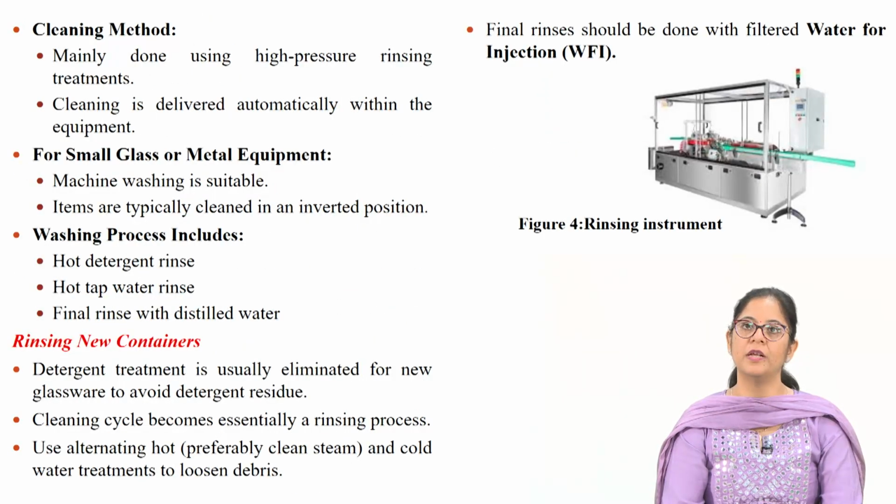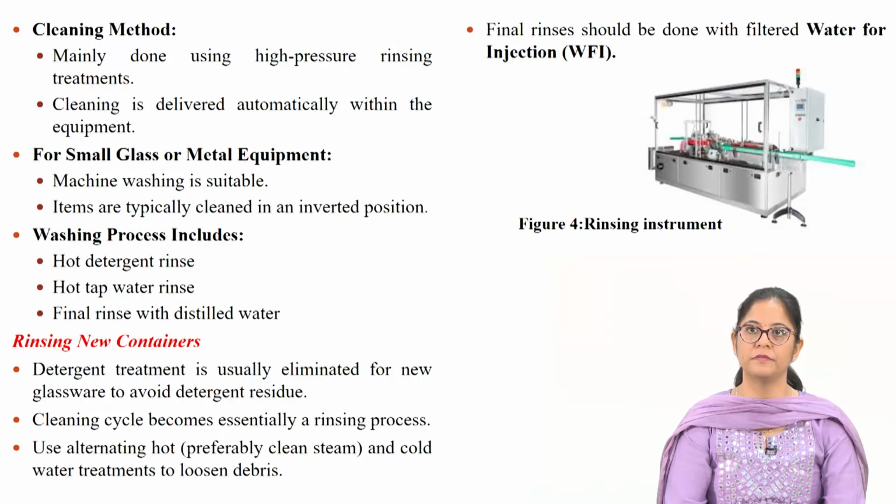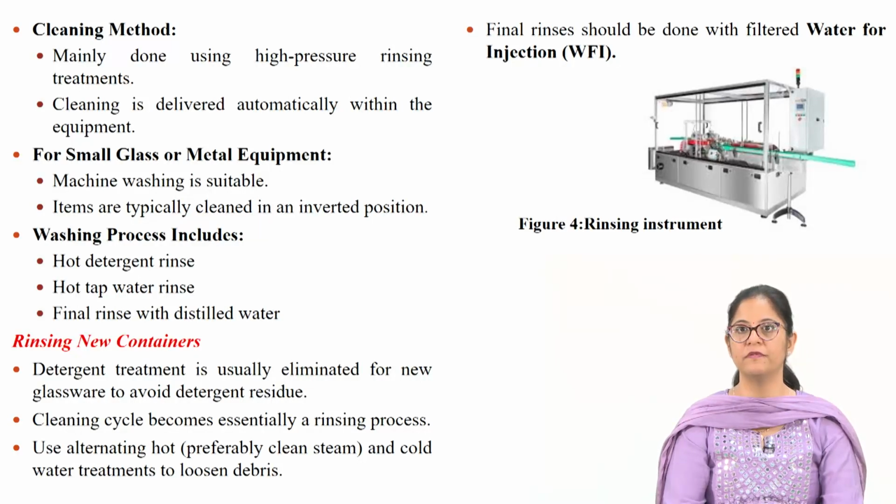The cleaning is mainly done using high pressure rinsing treatments, delivered automatically within the equipment. For small glass or metal equipment, machine washing is suitable. Items are typically cleaned in an inverted position. The washing process includes a hot detergent rinse, hot tap water rinse and a final rinse with distilled water.